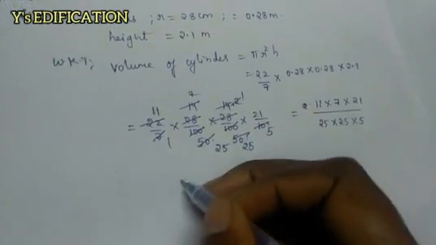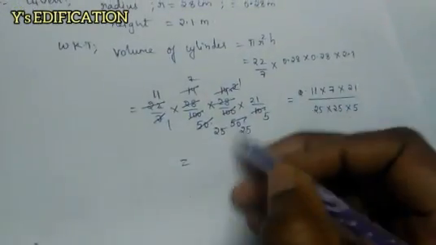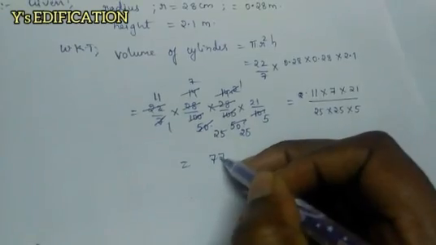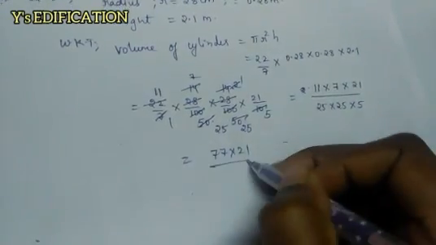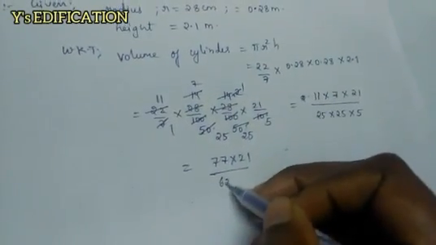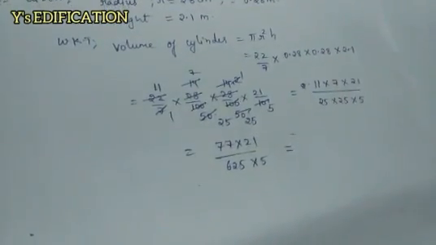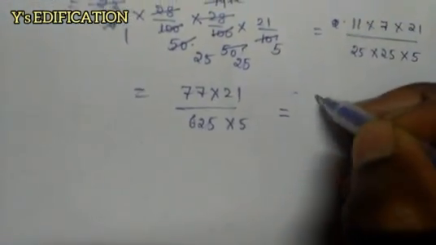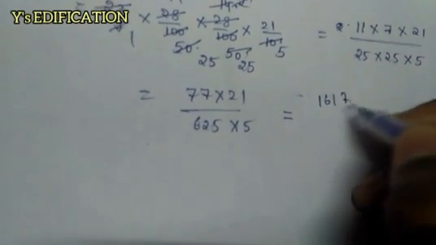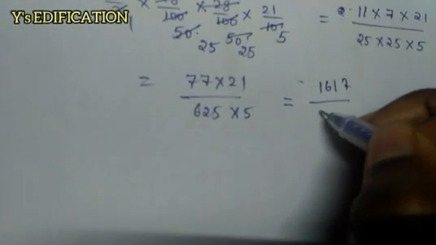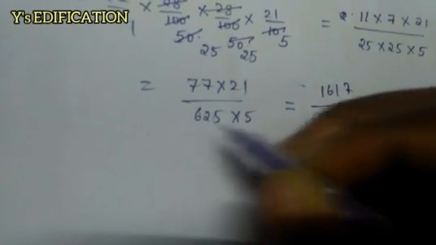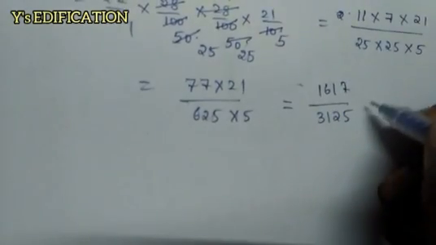Now multiply this. 7 into 11 is 77 into 21 by 25. 25 is 625 into 5. So 77 into 21 is 1617 by 625 into 5 is 3125. You just multiply these numbers and you will get the answer.